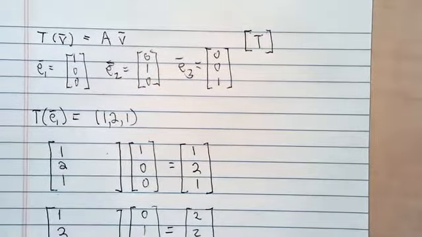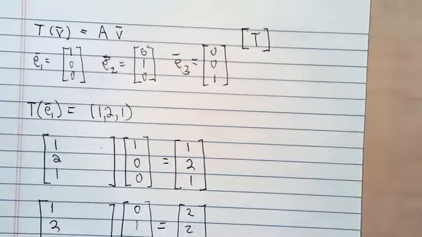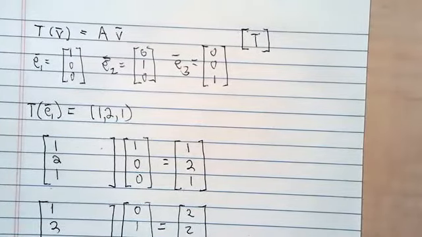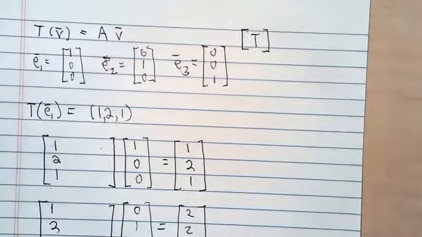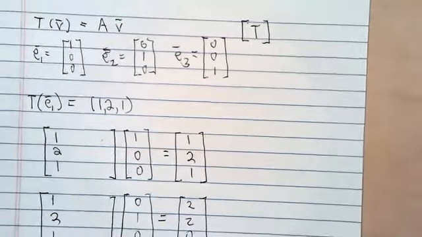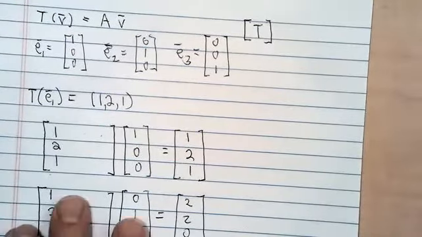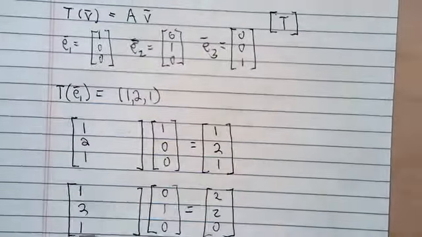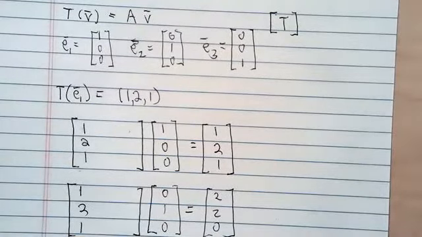This looks a lot like the change of basis stuff that we were doing in one of the sections. I don't remember if it was this one or later or earlier. So if you wanted to view this matrix multiplication as a change of basis, then could you think of this T matrix that we're coming up with as the inverse of the matrix whose column vectors are basis vectors?